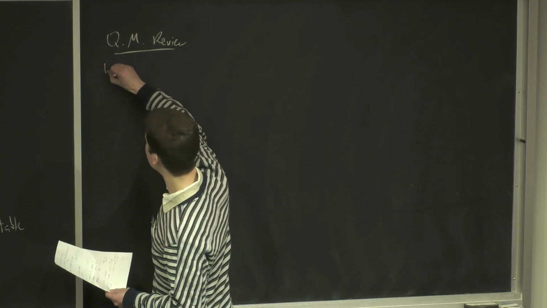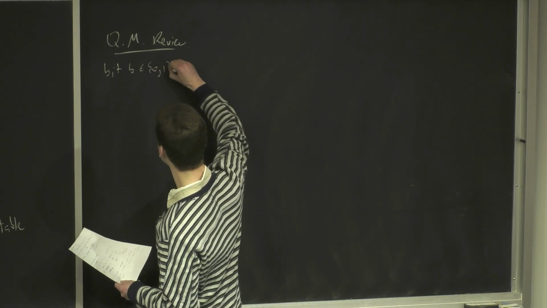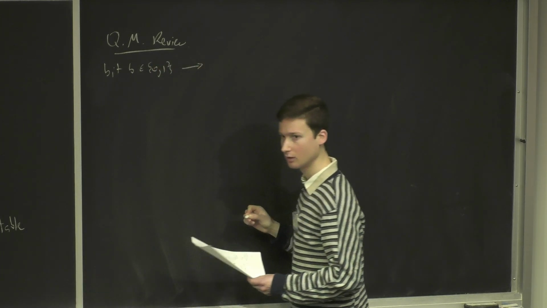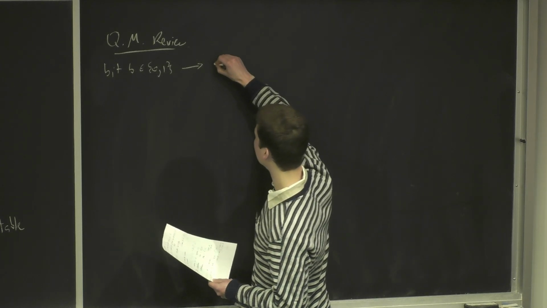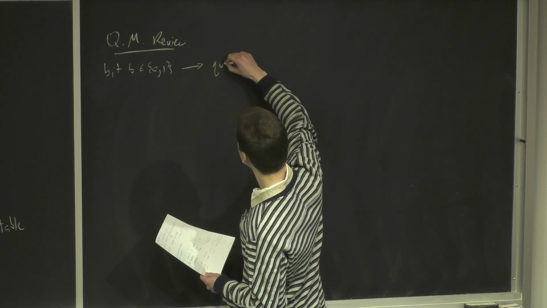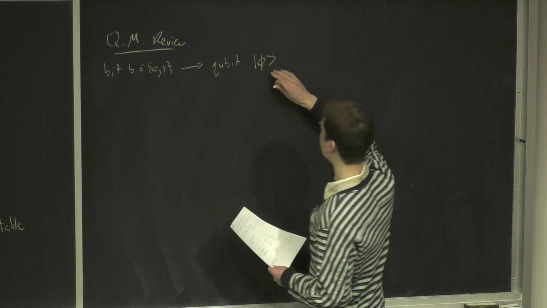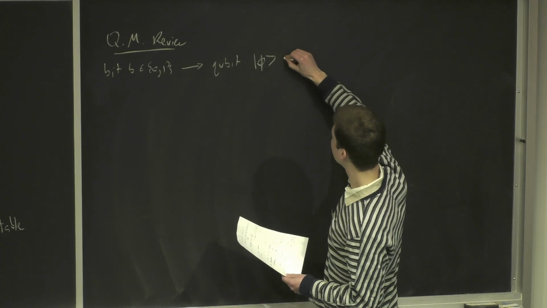So as we all know, a bit is the fundamental unit of classical information. And quantumly, that becomes a qubit. The fundamental unit of quantum information is a qubit, which we'll write as ket of some vector, say phi.